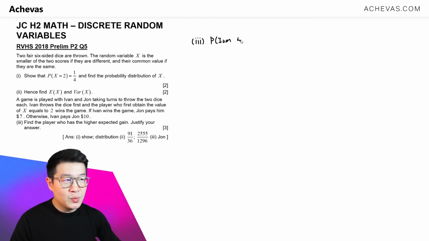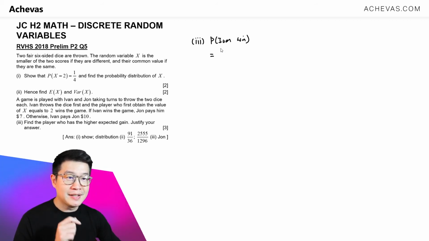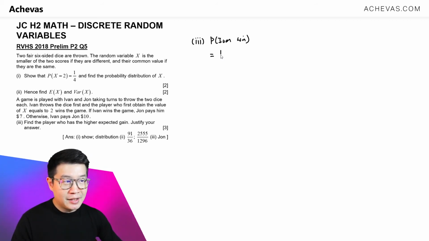Let's calculate the probability that Ivan wins the game. So for Ivan to win the game, Ivan has to be scoring an x equal to 2. And since Ivan will be playing first, it is possible that the very first time when Ivan plays, he is going to be winning the game. And that is going to be simply 1/4. Or it can be when Ivan plays the game, he is not going to be winning the very first time when he plays, so 3/4.